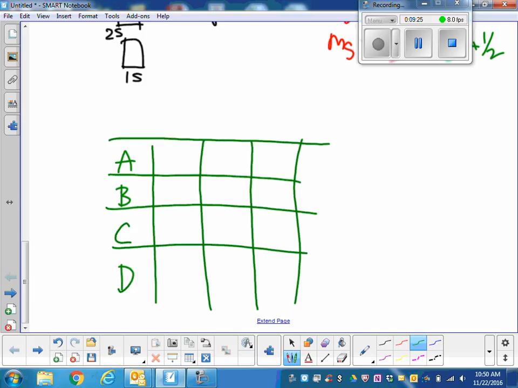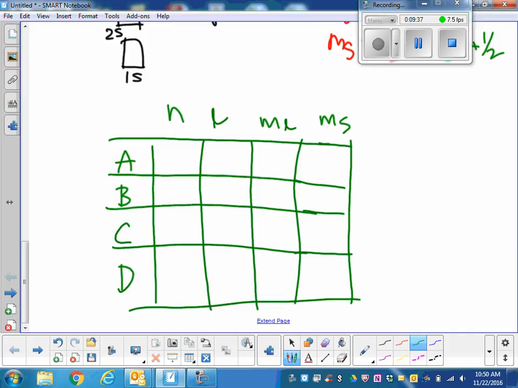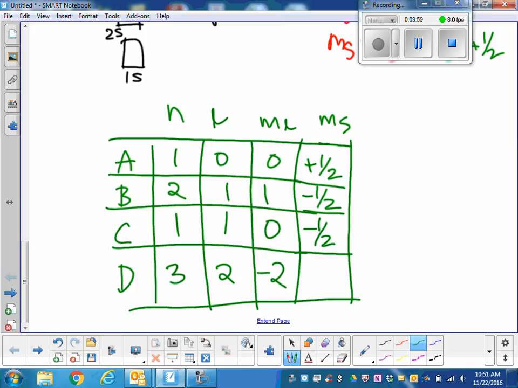This is your n, l, ml, and your ms. Such questions will be on the quiz. So I have 1, 0, 0, plus half, and then I have 2, 1, 1, minus half, and then I have 1, 1, 0, minus half, and then I have 3, 2, minus 2, plus half.